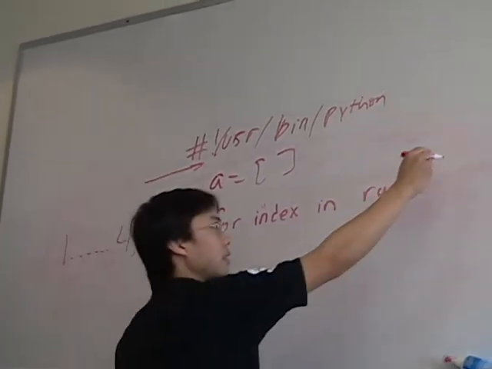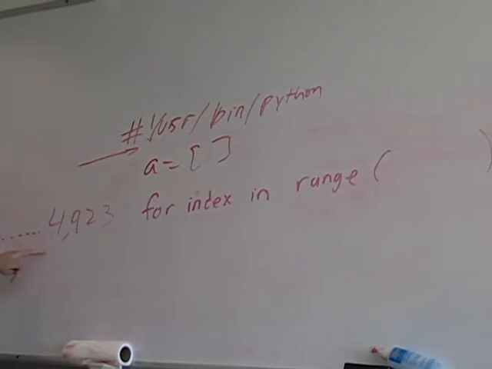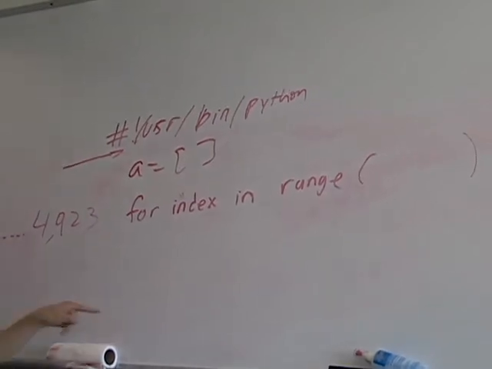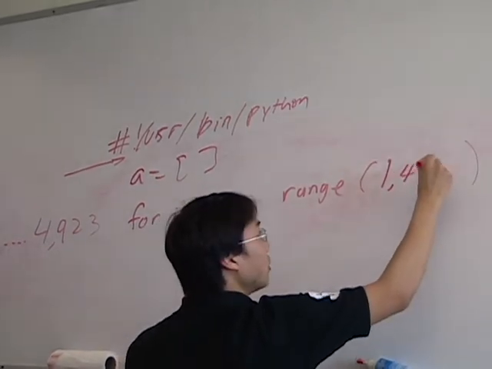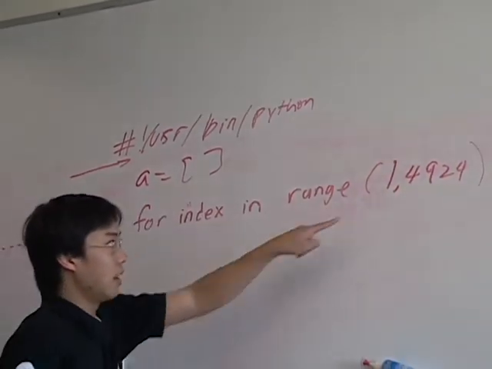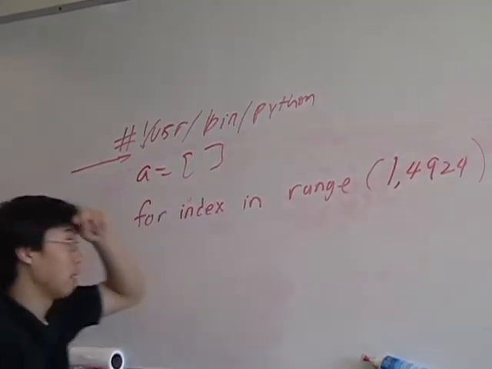So how do you do it? 1, 4,924. Perfect. 4,924. Initial value, starting point, and the end point, where it's going to end.